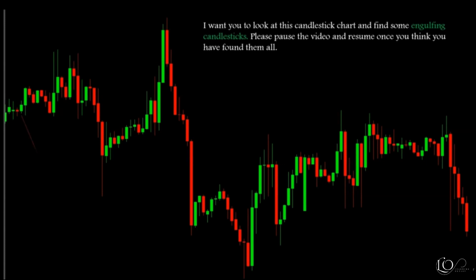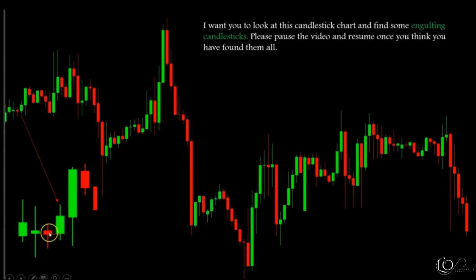Okay, so let's proceed. The first one that we see here on the left side seems to be a bullish engulfing pattern, but if you zoom in, we're going to see that the red candle, the body of this candle, remember we're going to ignore all the wicks, right? So we're only looking at the bodies.